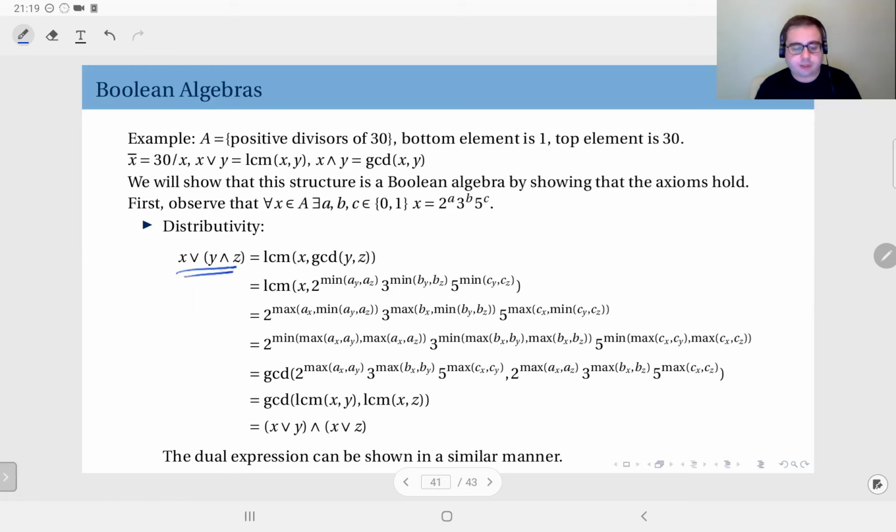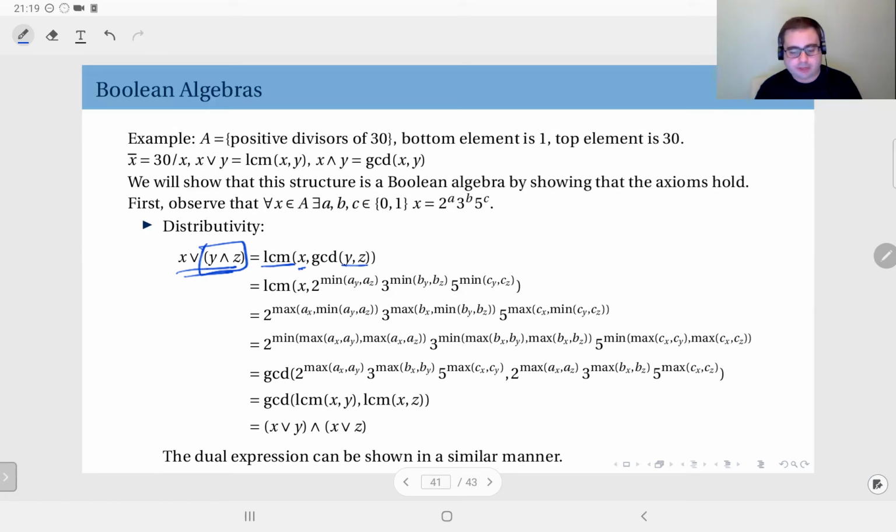And this expression here, x join with y meet z, by definition, I write this as the LCM of x with this, which is by definition equal to the GCD of y and z.